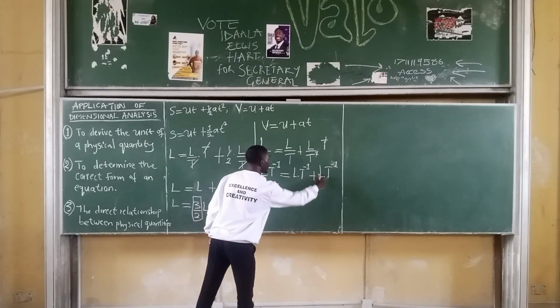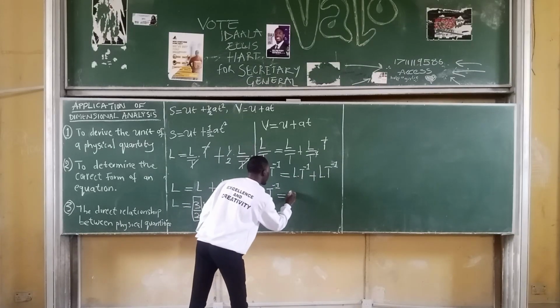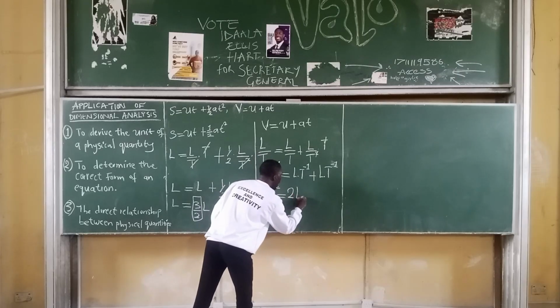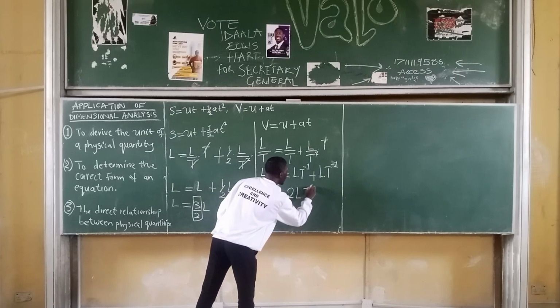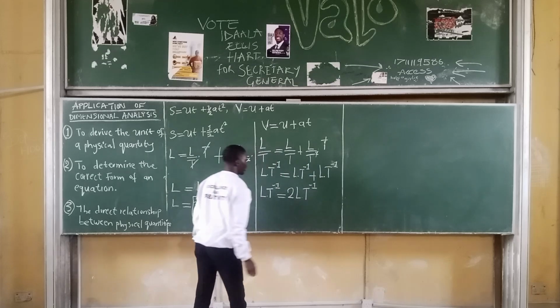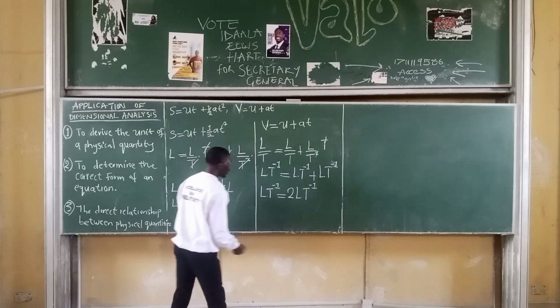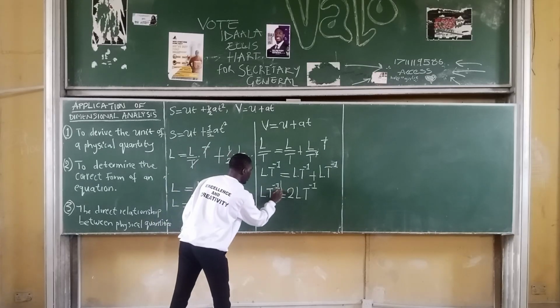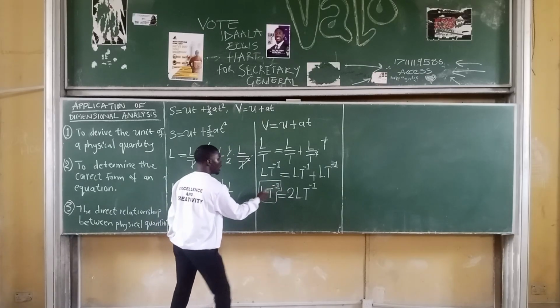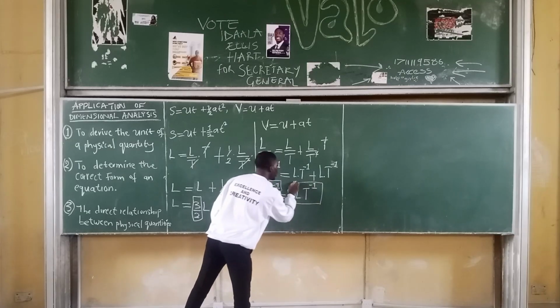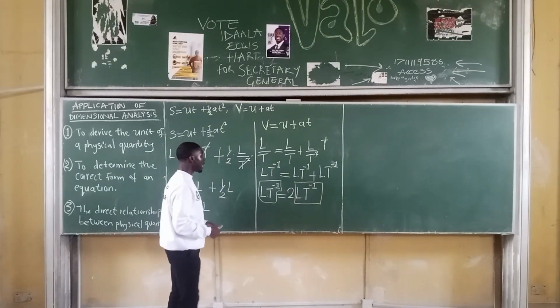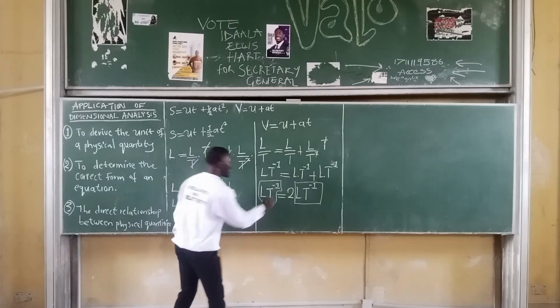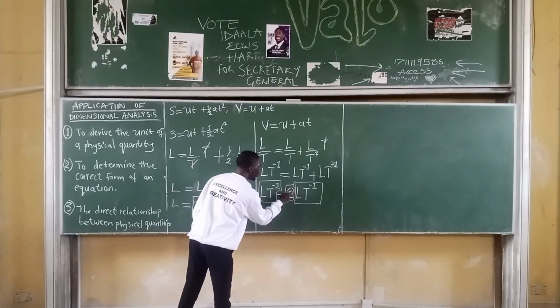So you can see that this and this are the same, so we can add them up so that we have 2L multiplied by T to the power of -1. Yes, so you can see that the equation is correct. So this part of the equation is the same thing as this part of the equation, confirming that the equation is correct irrespective of this coefficient.